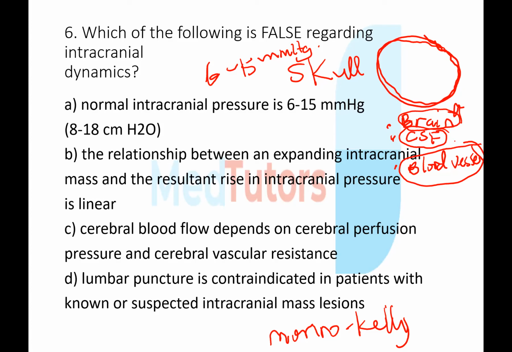Now, the first option here says that the normal intracranial pressure is 6 to 15 millimeters of mercury, or 8 to 18 centimeters of water. That is correct.